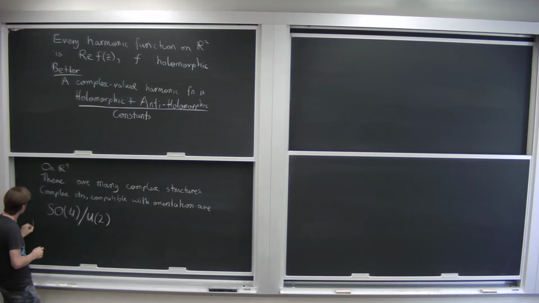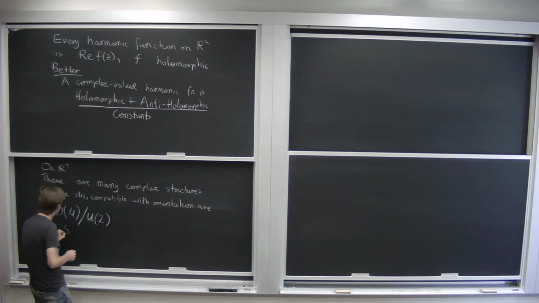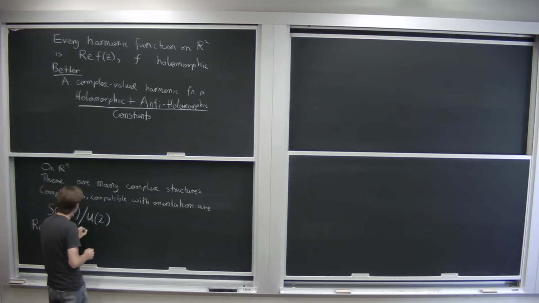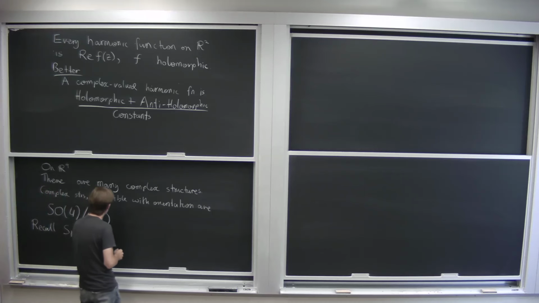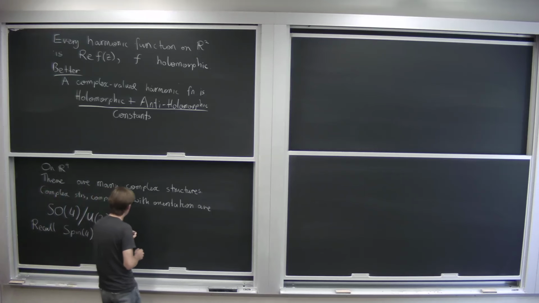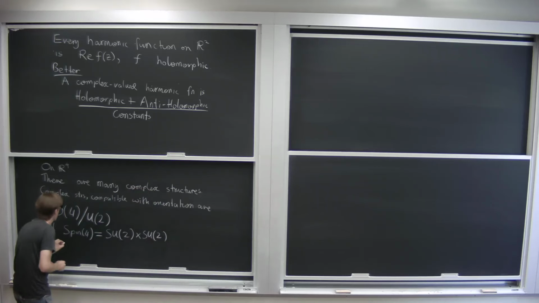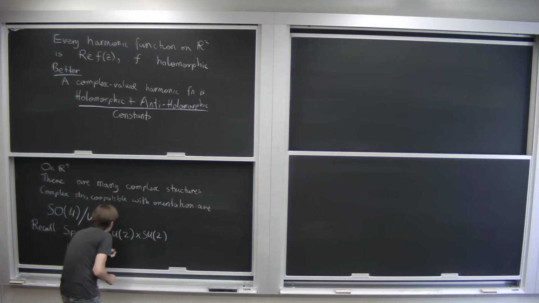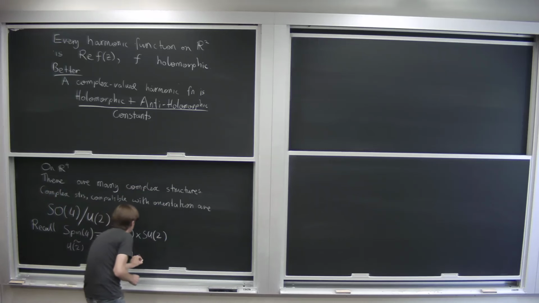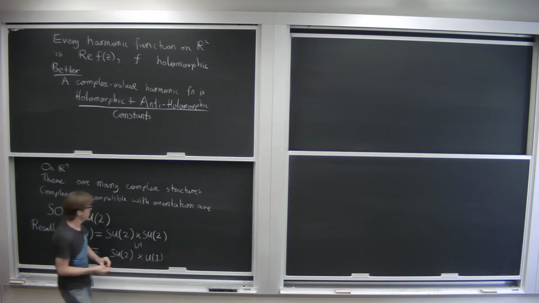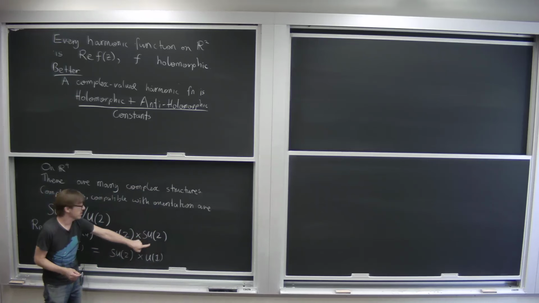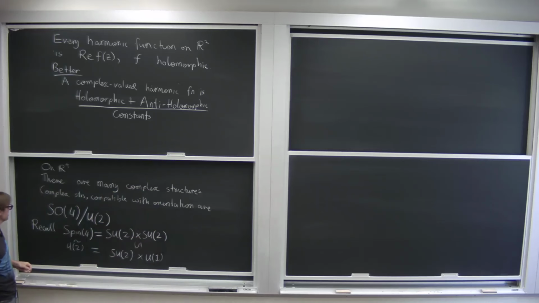And if we recall, Spin 4 is SU2 times SU2. This is the double cover of SO4. And similarly, the double cover of U2 is SU2 times U1, where this U1 is embedded here as the Cartan, the maximal torus.